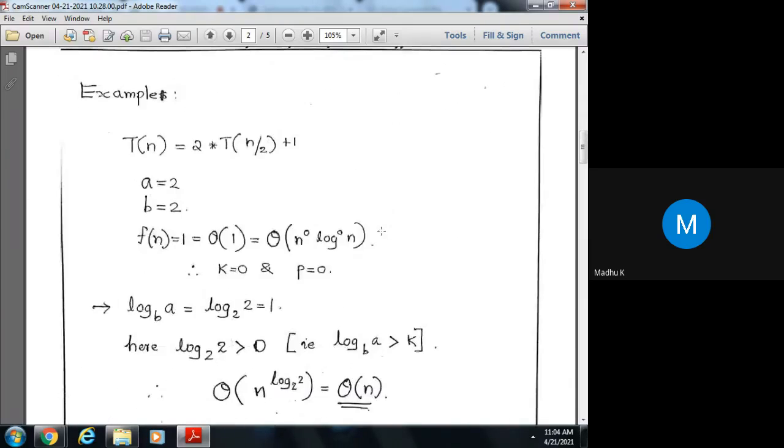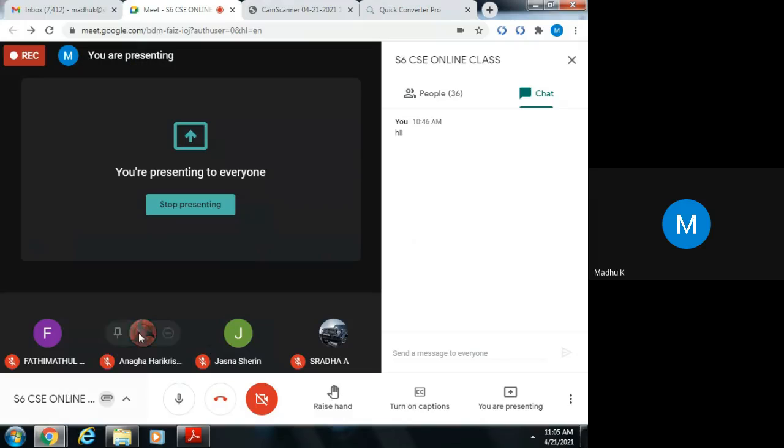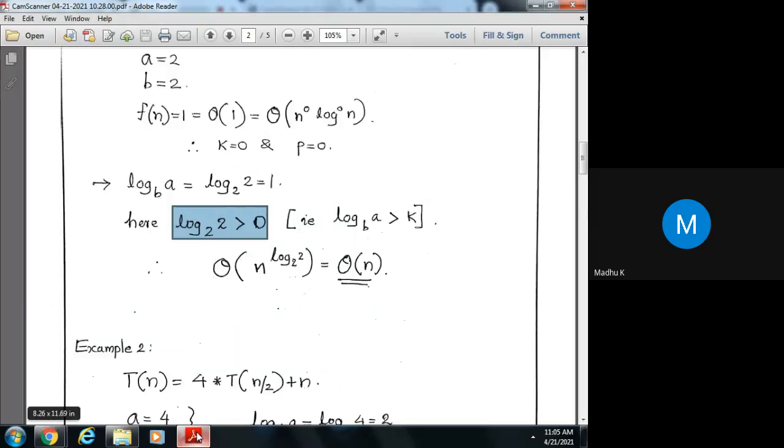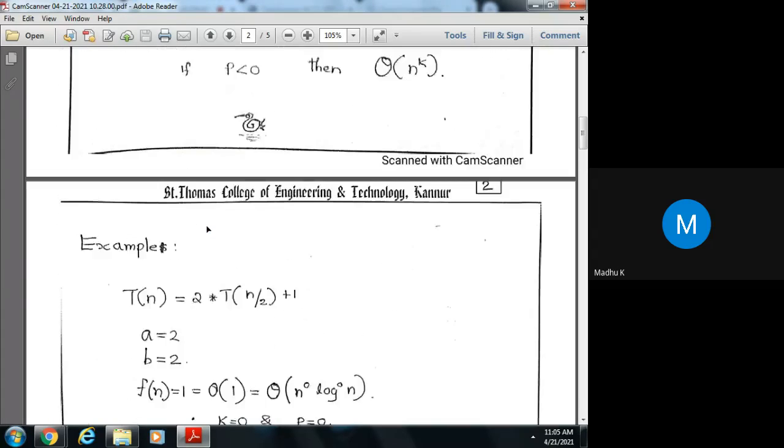In this case, log base b a is 1, and k is 0. So we know 1 is greater than 0. Which case will be executed?